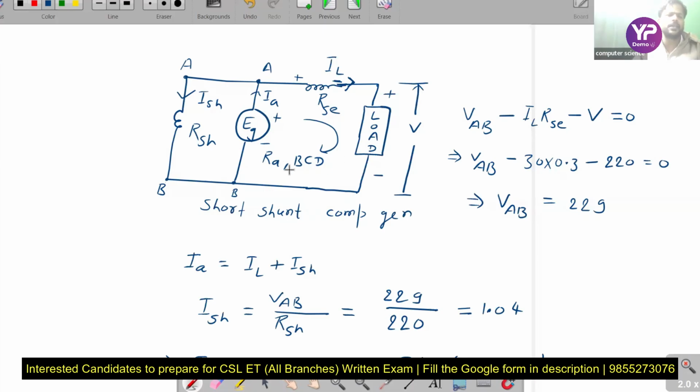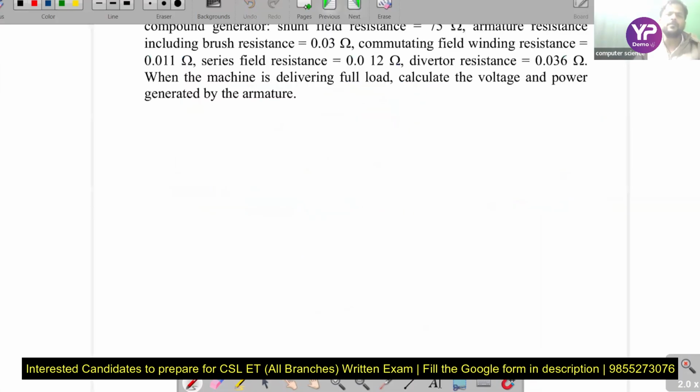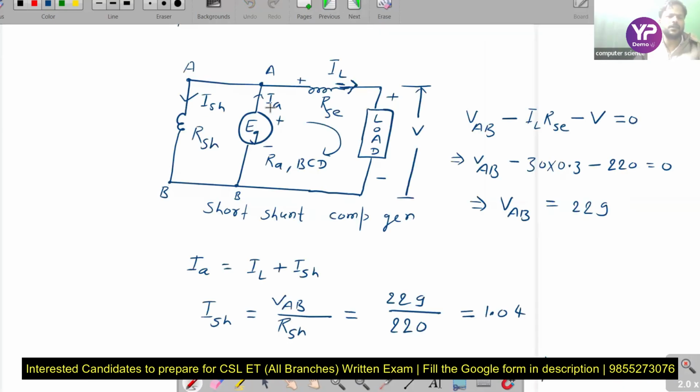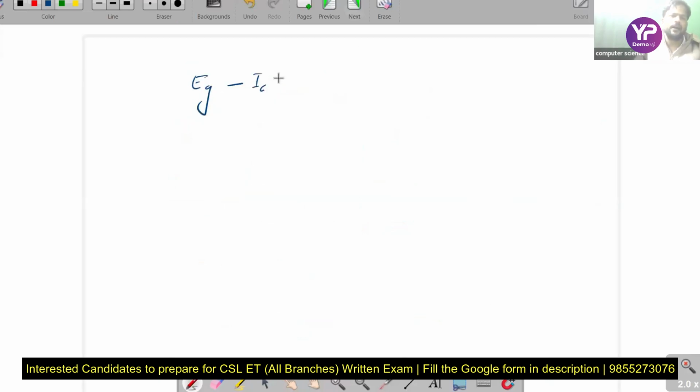So when we apply KVL in the complete loop, we write the equation EG minus IA minus BCD.